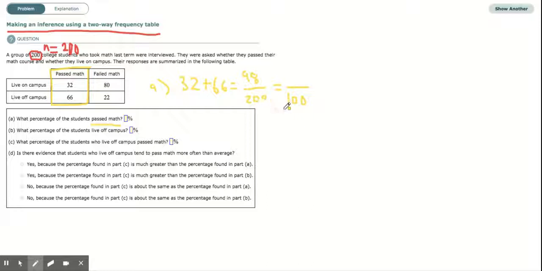To get from 200 to 100, we would divide by 2. So if we do the same thing to the top, then we're just converting this into a fraction out of 100. 200 divided by 2 is 100. 98 divided by 2 is 49. So the percentage of students who passed math is 49% of them, whether they live on campus or off campus.